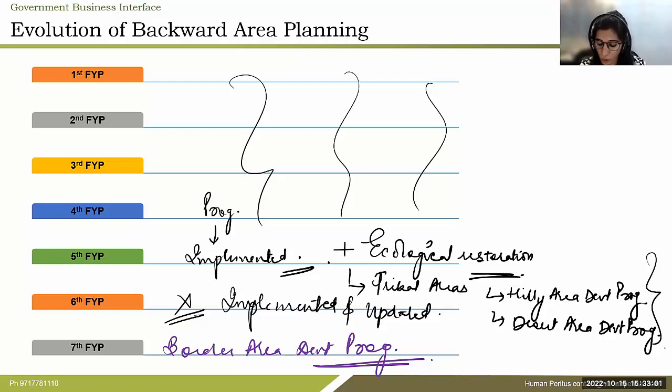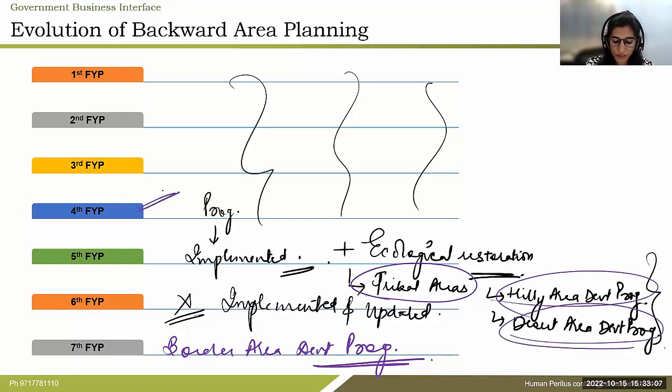As I was telling you, in the 5th plan there were the tribal area, hilly area, and desert area development plans. In the 4th 5-year plan there were the northeastern development plan, the industrially backward area development plan, and the drought prone area development plan. Similarly, the border area development plan started with the 7th 5-year plan.